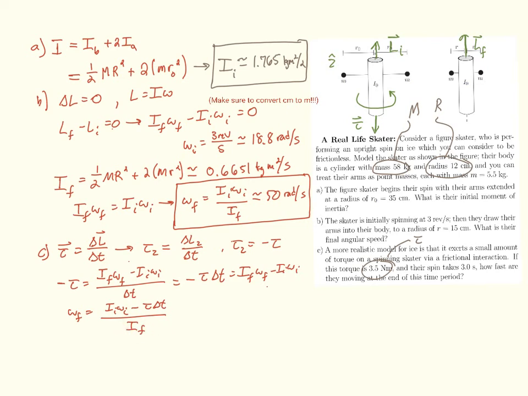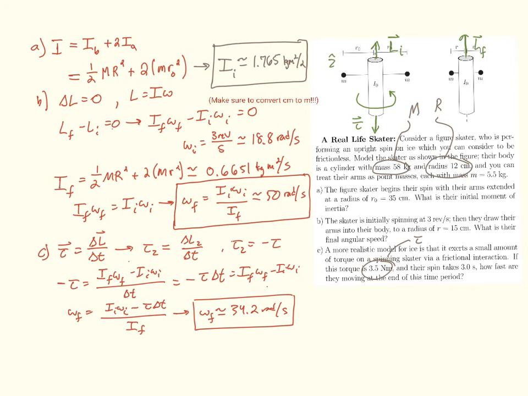So now we just plug in all the stuff we know and put that in my calculator, and I get 34.2. Okay, cool. So indeed, it was significantly slower than here, but still quite a bit faster than this. You get about twice as fast instead of nearly 3 times as fast if you don't consider torque.